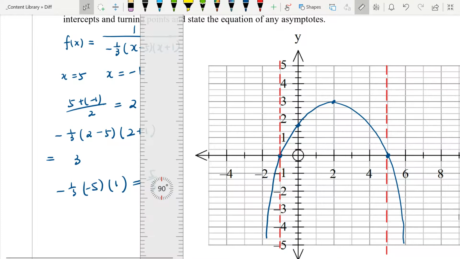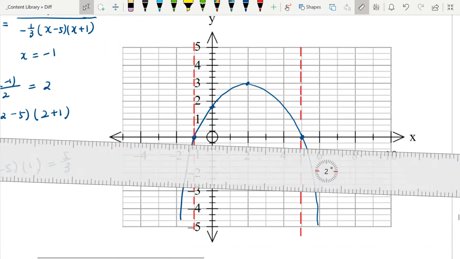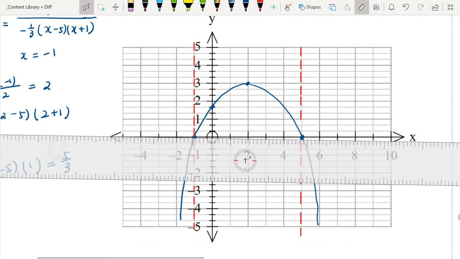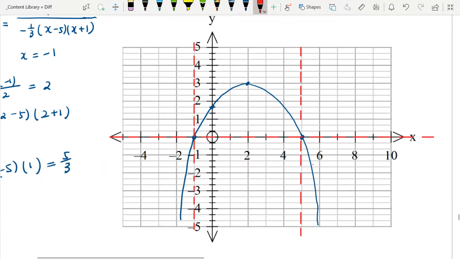What's the other asymptote we must have? y equals 0, because your y is approaching infinity in both ends, and then 1 over infinity will be 0. So it's approaching 0. So you will definitely have horizontal asymptotes as well. So the red graph is the graph we actually need to sketch. So x equals -1, x equals 5, and y equals 0. That's the 3 asymptotes.